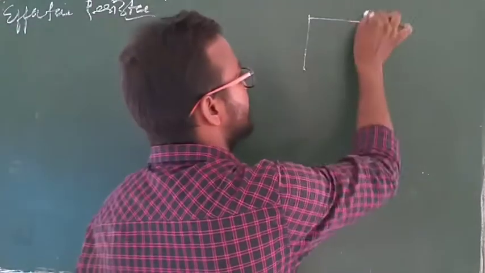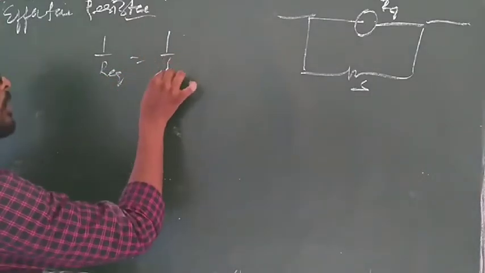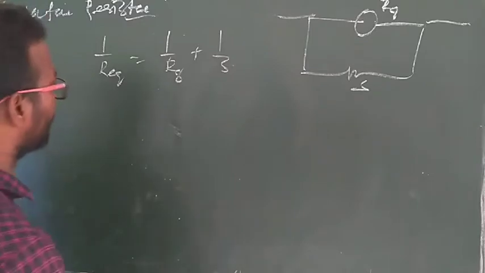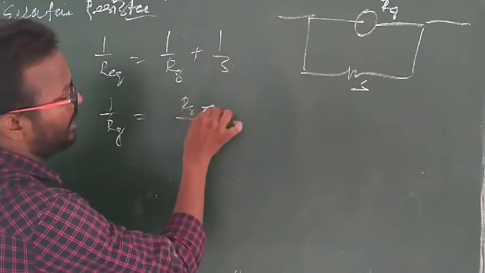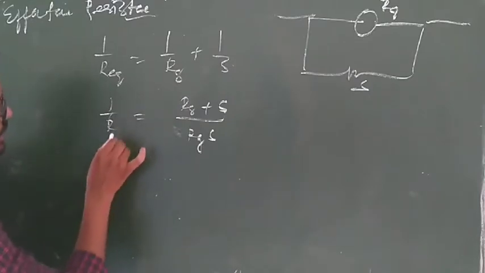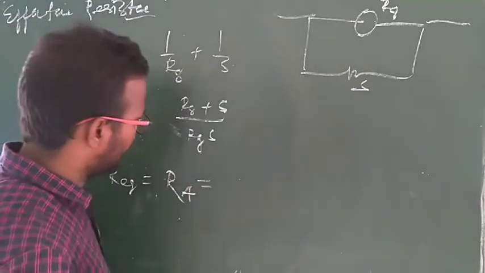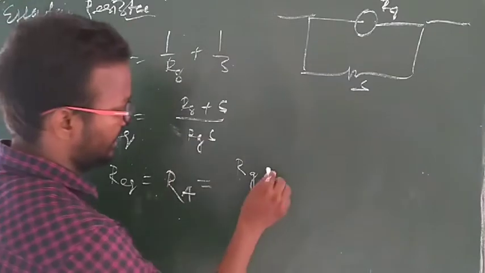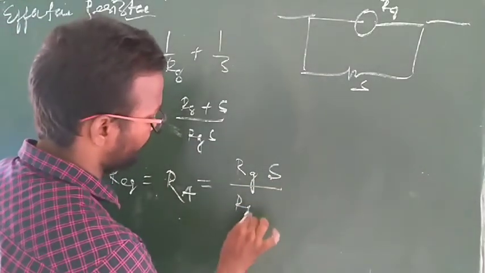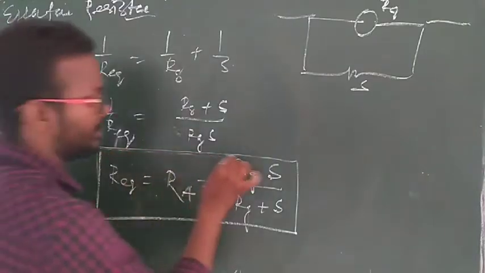This circuit has the resistance Rg, and here one shunt resistance, that is S. So this is a parallel connection, so the effective resistance can be written as 1 by R equivalent equal to 1 by Rg plus 1 by S, or R equivalent, which is the resistance of the ammeter, is equal to Rg S divided by Rg plus S. This is the equivalent resistance or resistance of the ammeter.